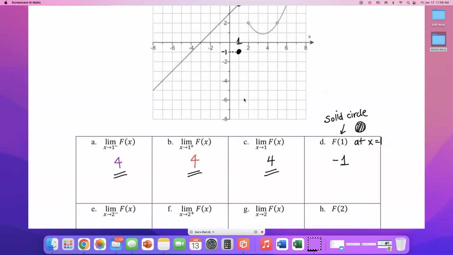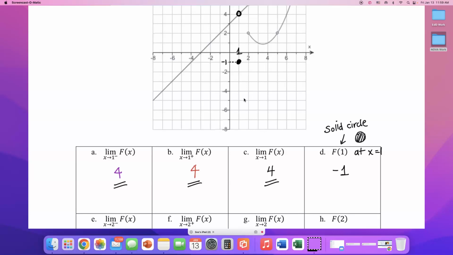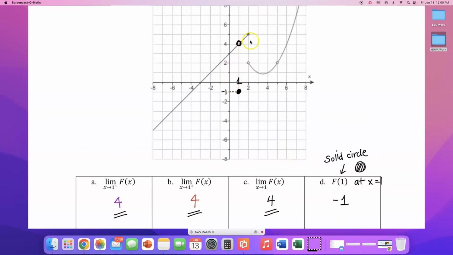Later on, we're going to talk about continuity. Notice that the function value at 1 and the limit at 1 are different. These two are different values. Therefore, this function is not continuous at x equals 1.